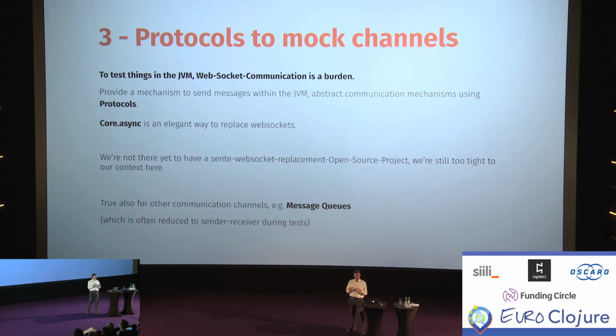And one of those breaks is like the part where we take out the WebSocket and put in another communication mechanism. The same is true if we take out Kafka or RabbitMQ or whatever and connect services directly together.